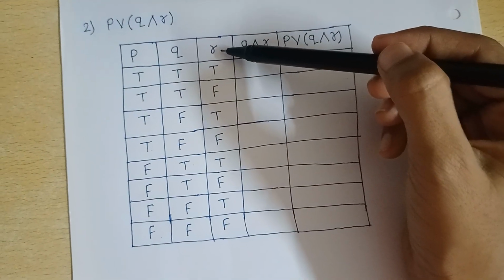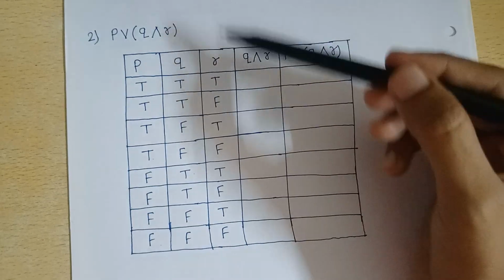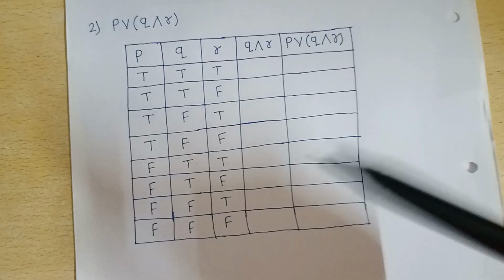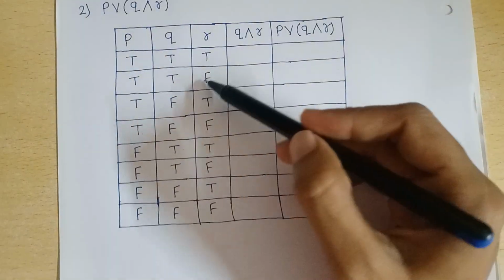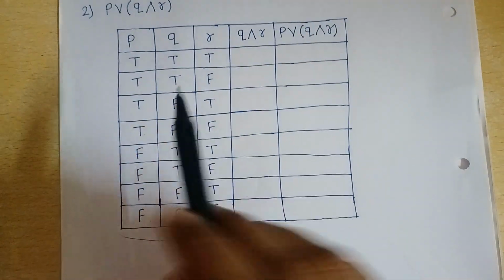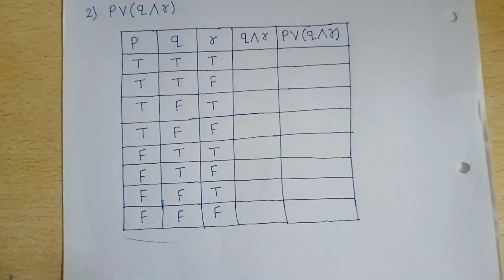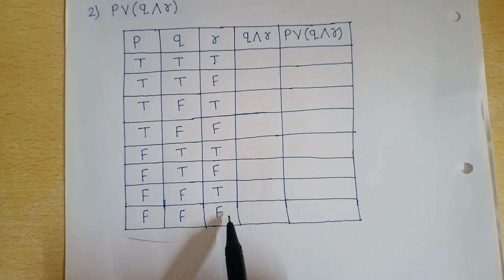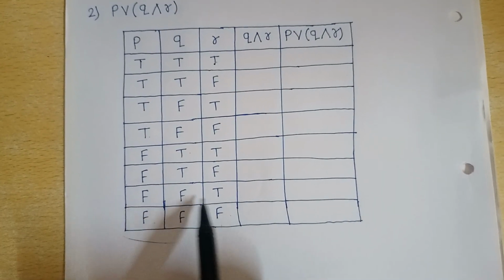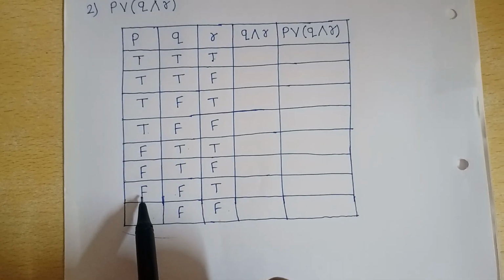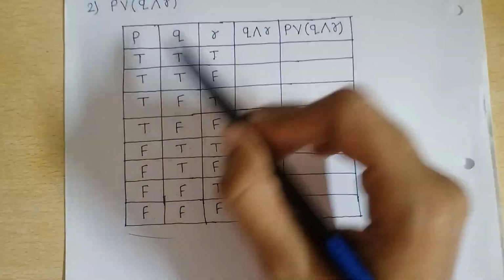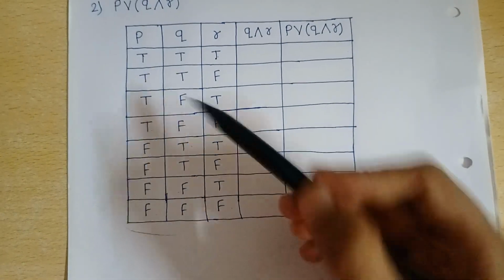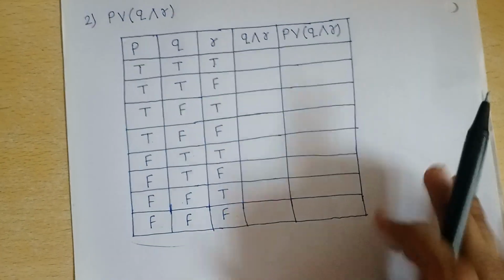Last one, R, is a statement present in the given equation, therefore 1 true, 1 false, 1 true, 1 false, like alternating. This combination covers all the combinations of three statements with a triple true, triple false, and where one of them is true and another one is false. Like that all combinations will be covered in these 8 combinations of P, Q and R.